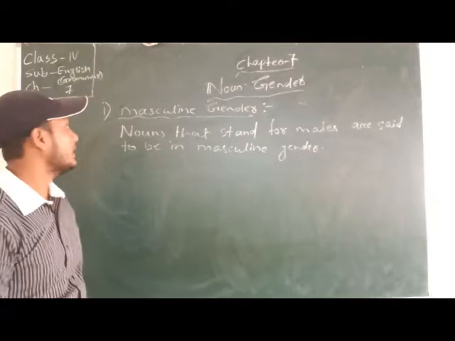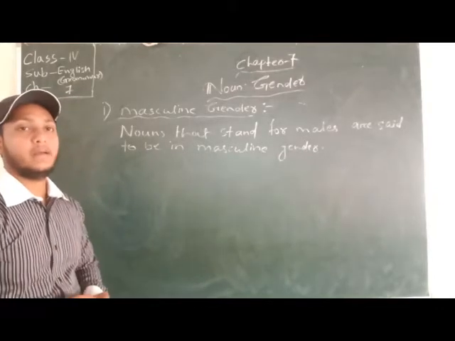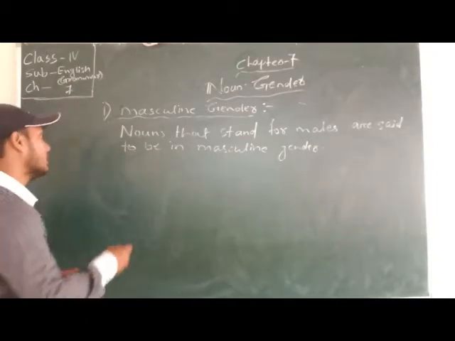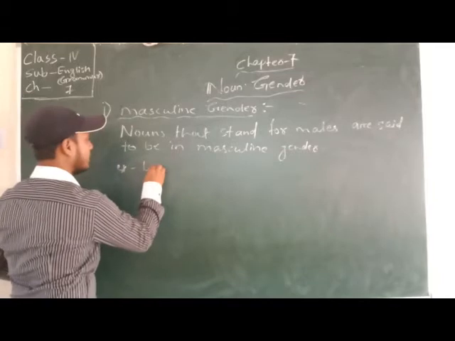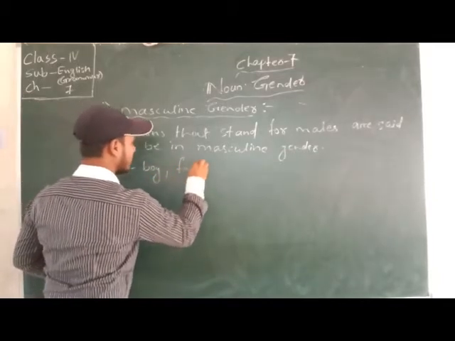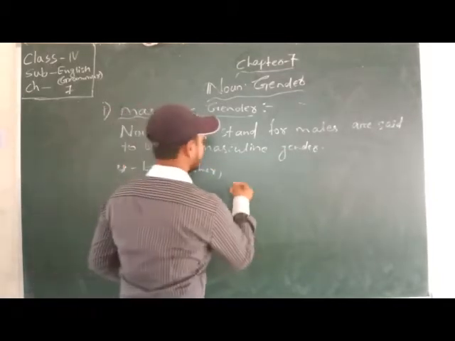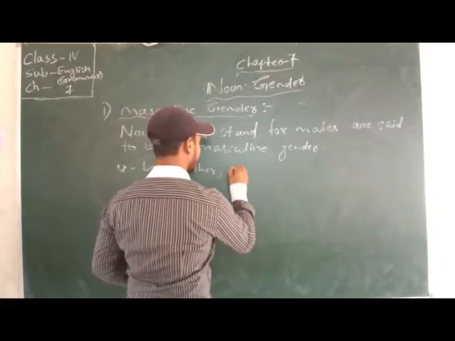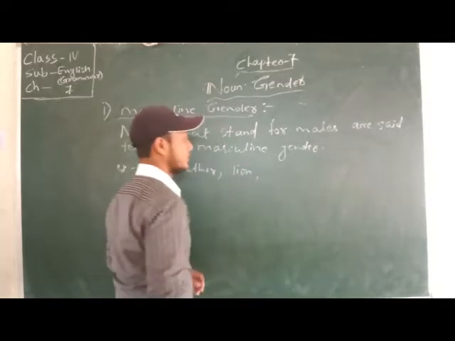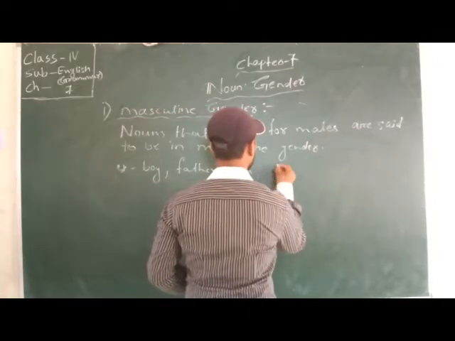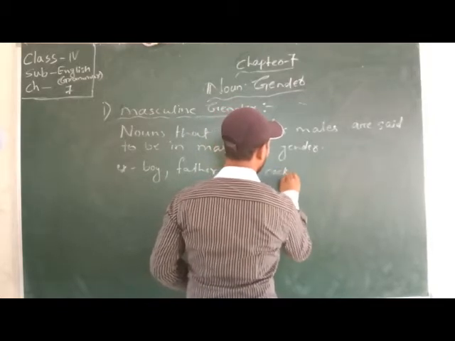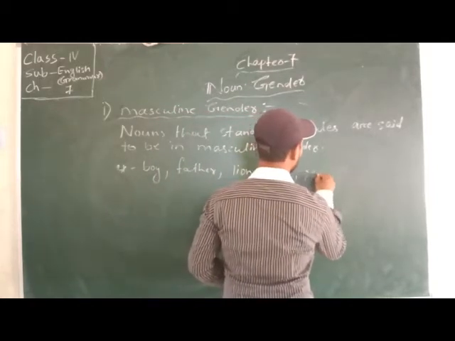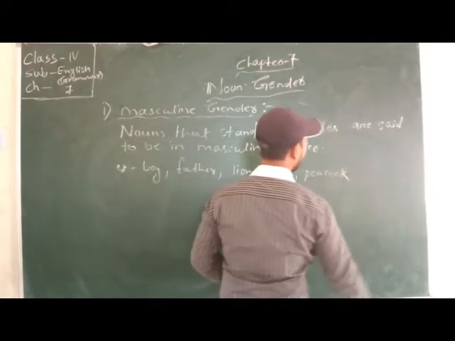So what is masculine gender? The noun that refers to a male is called masculine gender. For example, boy, father, and the names of some animals, birds like cock, peacock.